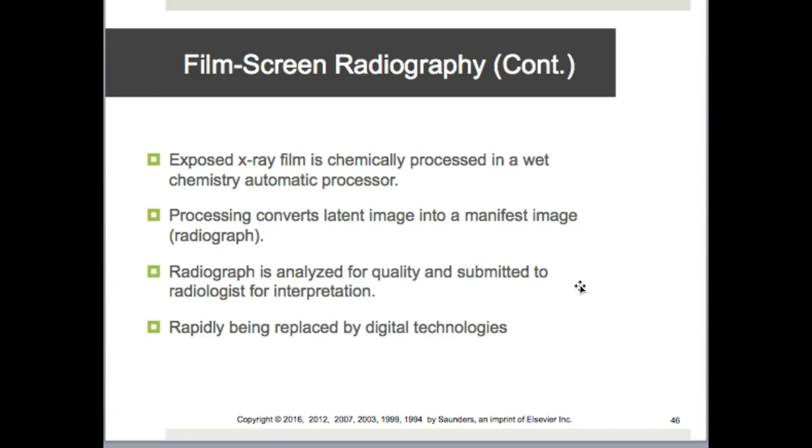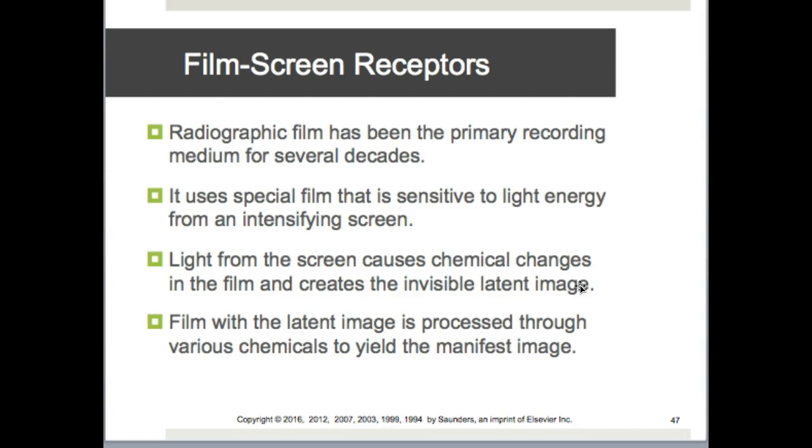Processing converts the latent image to a manifested image. The latent image is the image we can't see, and the manifested image is the image that we can see once it's processed. The radiograph is analyzed for quality and submitted to the radiologist for interpretation. And it is being replaced by CR and DR imaging, which is great.